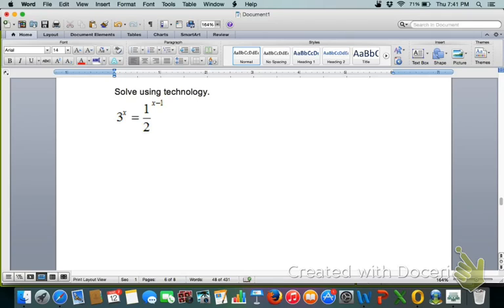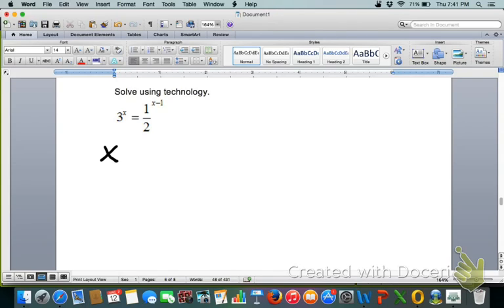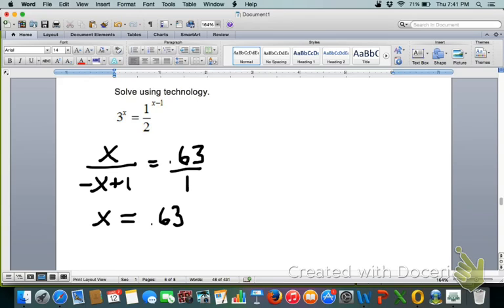Let's see, what did I have before? x over negative x plus 1. So I'm going to cross multiply. And when I cross multiply, I have x equals 0.63 times negative x plus 1.